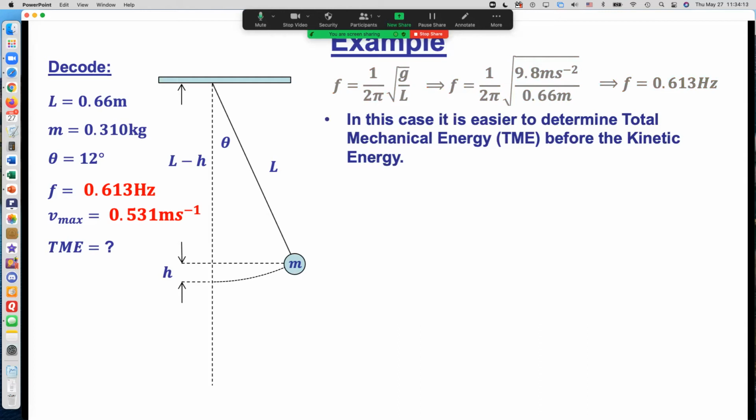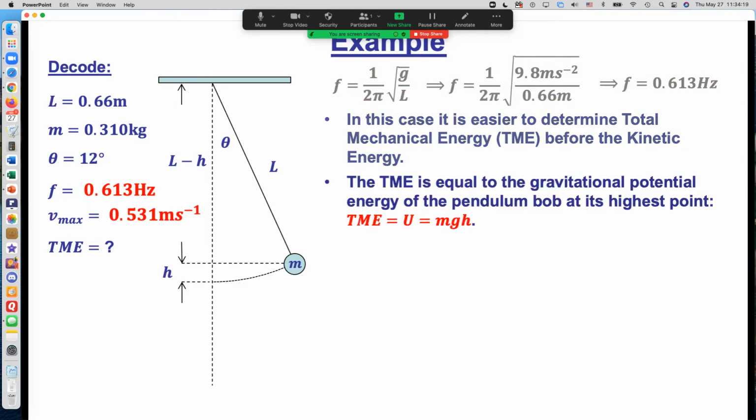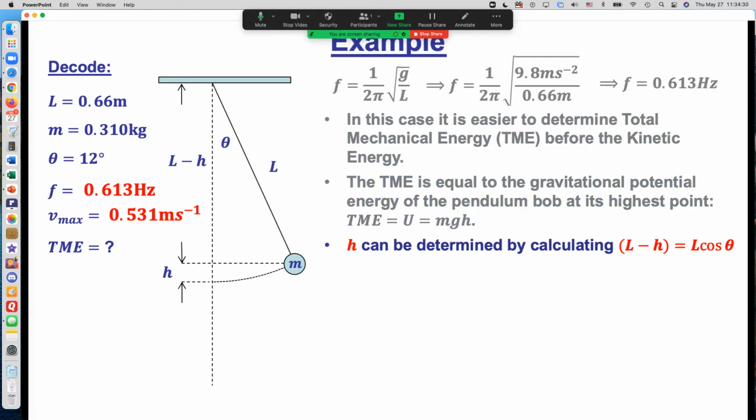In this particular case, it's actually easier to determine total mechanical energy before the kinetic energy. The total mechanical energy U is equal to mgh, right? h can be determined by calculating that L minus h equals L cosine theta.